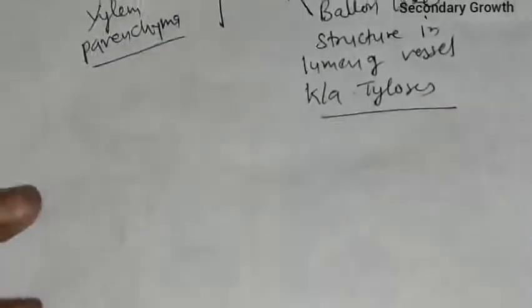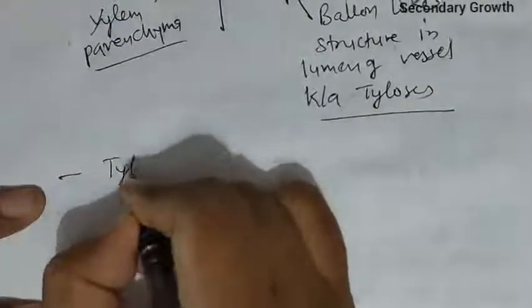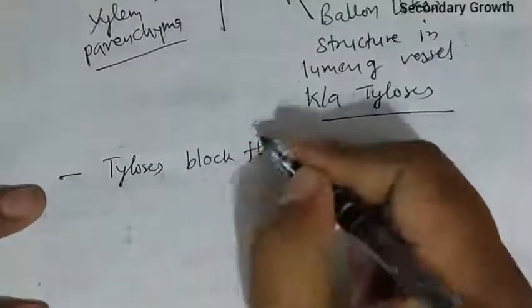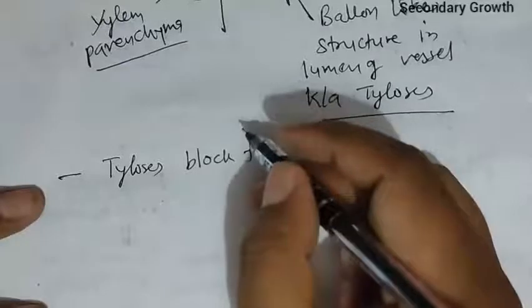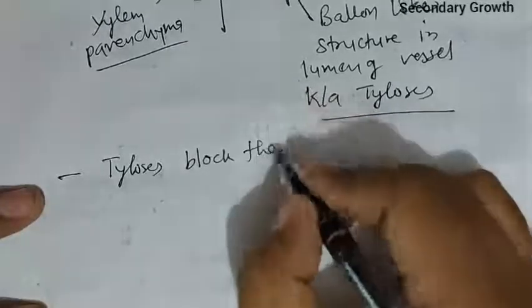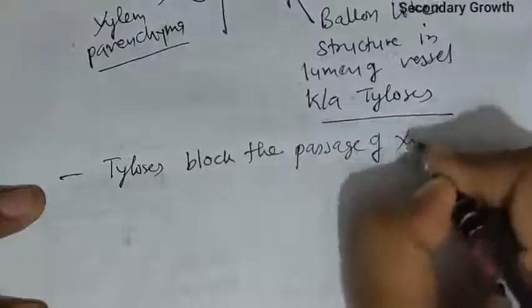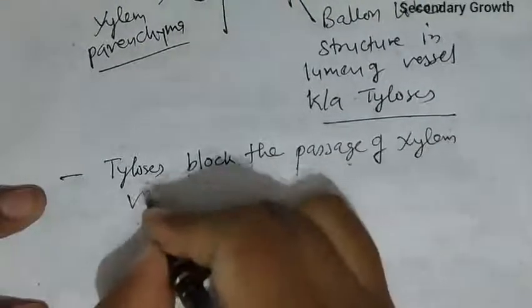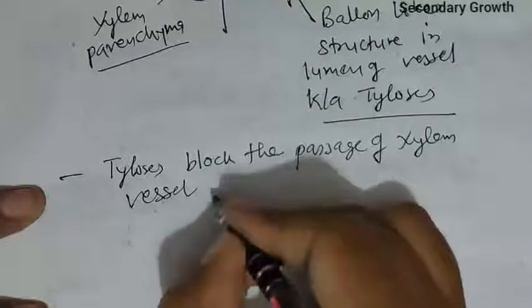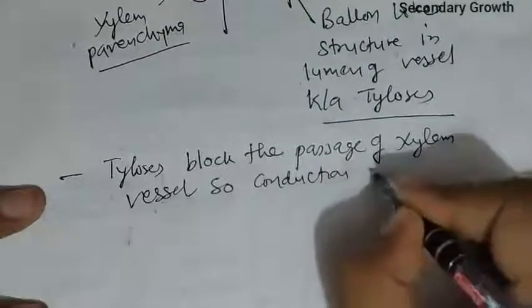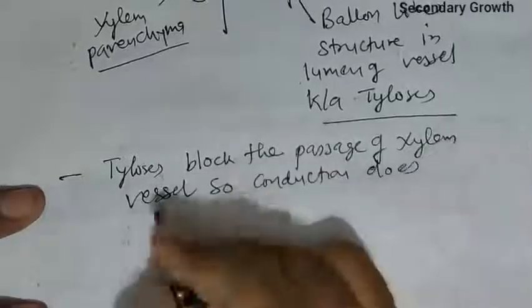This tylosis blocks the passage of the xylem vessel, so conduction does not occur.